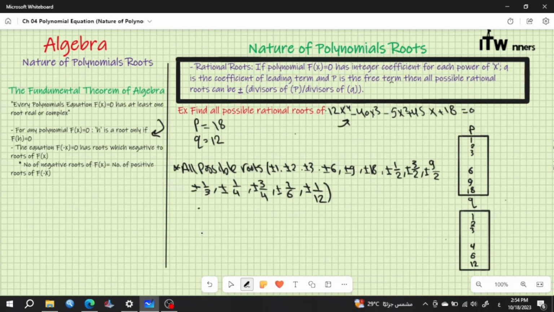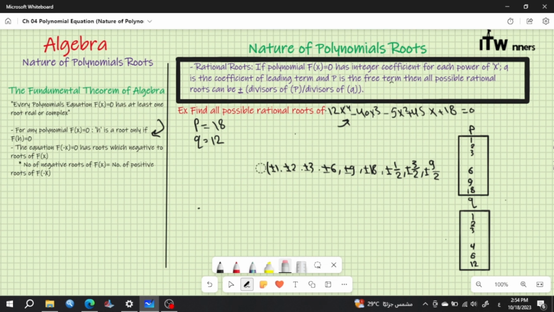If the remainder is equal to 0, then this number is a root of this equation. Okay, I hope rational roots of polynomial equation is clear.